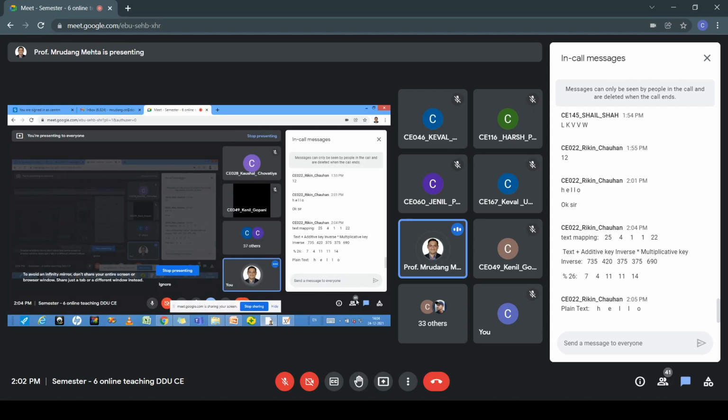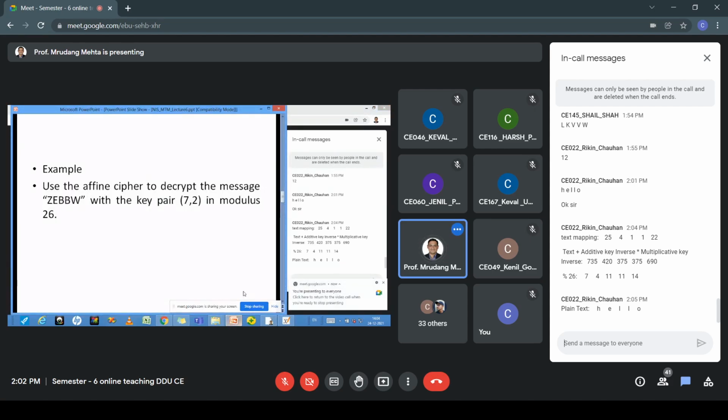So text plus additive key, that doesn't appear to be correct.